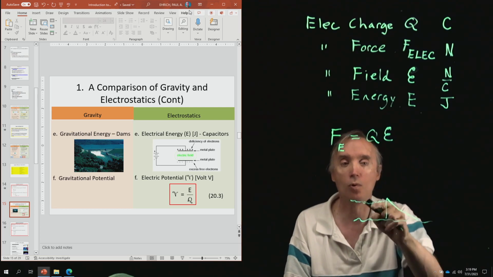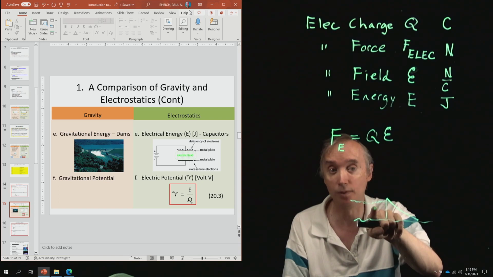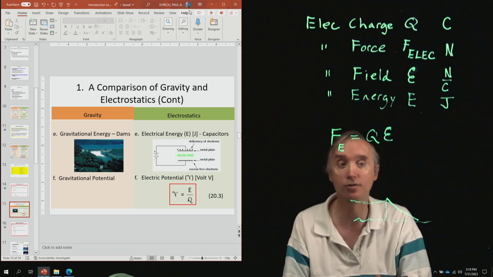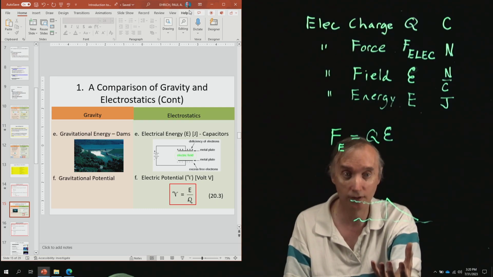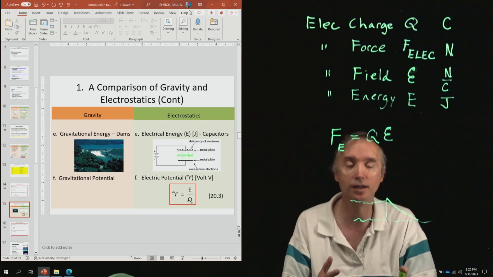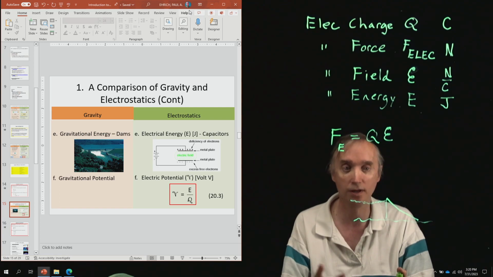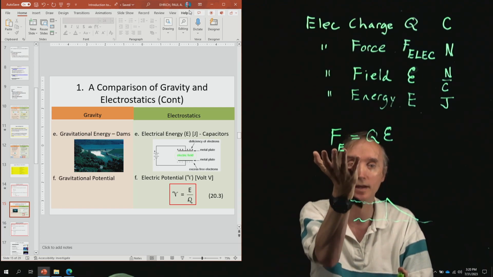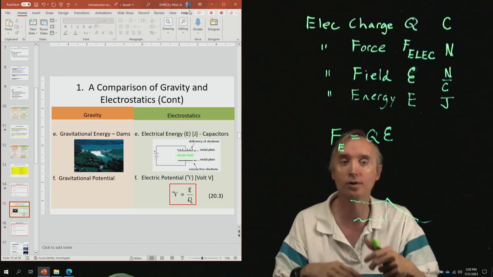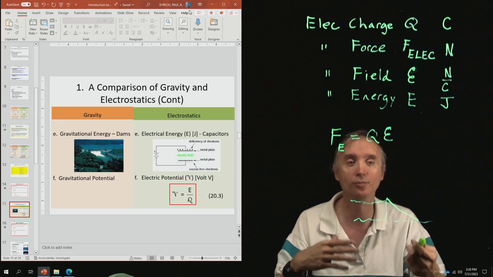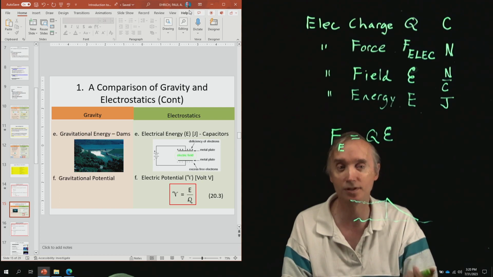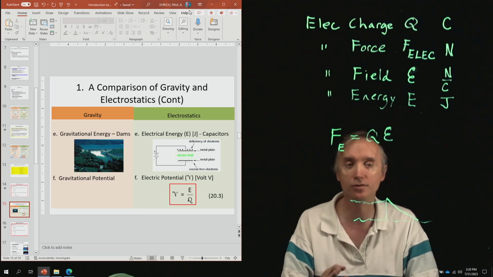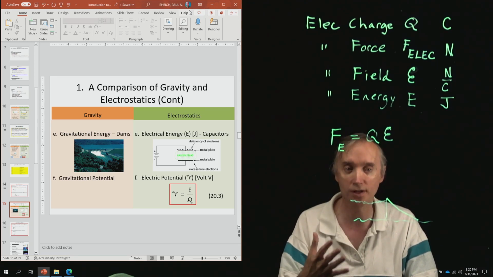Now, the water has mass m, it's in a gravitational field caused by the Earth, and so therefore it gains energy as it's being lifted up. The type of energy, which we're going to get to later when we talk about kinetic and potential energy, is called potential energy.